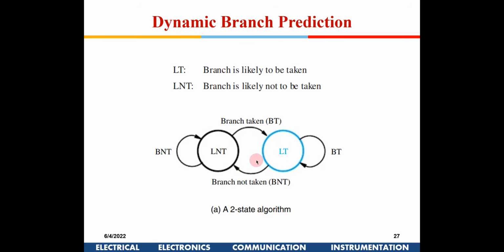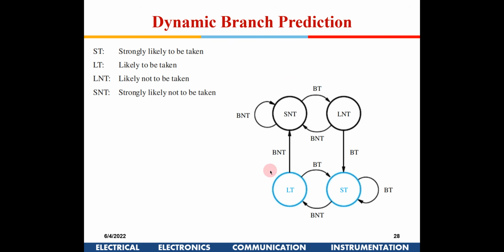You can implement it like this, or you could have a 4-state machine also. Here, this is branch likely to be taken in this state, and again if the branch is taken, it's already in branch likely to be taken. Again if one more branch is taken, then it will come to this state, which is branch strongly taken, right?